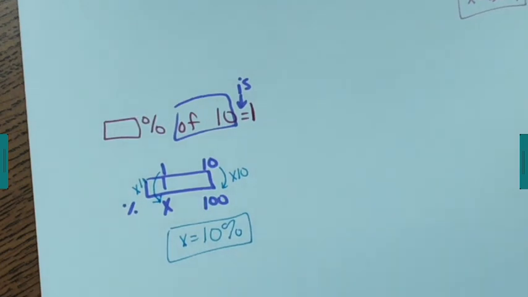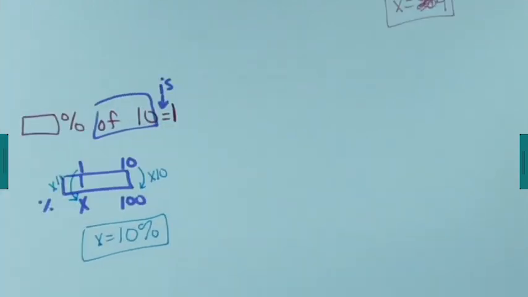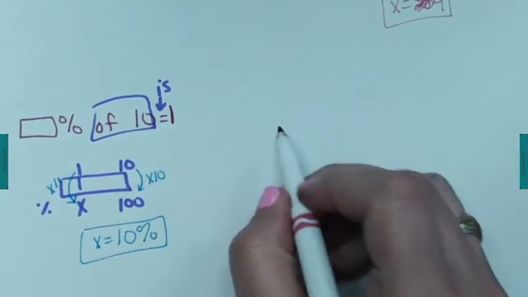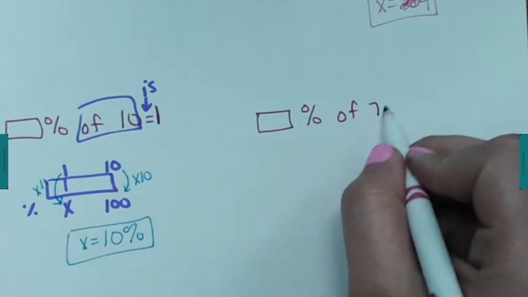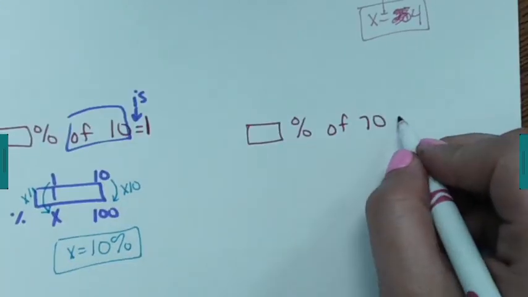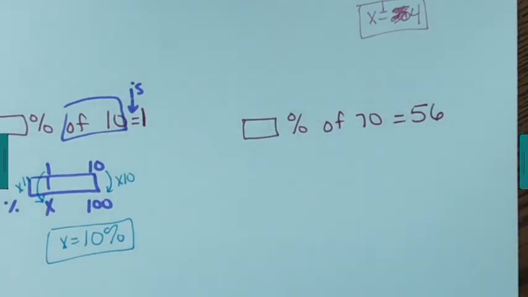Okay, so again, the same steps. I'm just putting numbers in different places. Okay. All right, we're going to do one more like that. Blank percent of 70 equals 56.